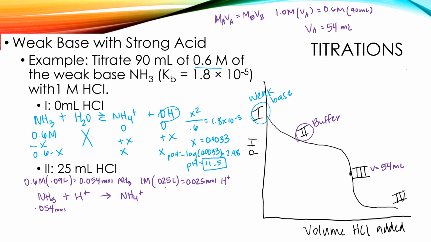I expect the acid to be in a limiting amount, which it is. And it's going to create the conjugate. And now my amount of ammonia that I have left is 0.029. And then I have 0.025 ammonium. And my new volume is 25 plus 90, so 115 milliliters.